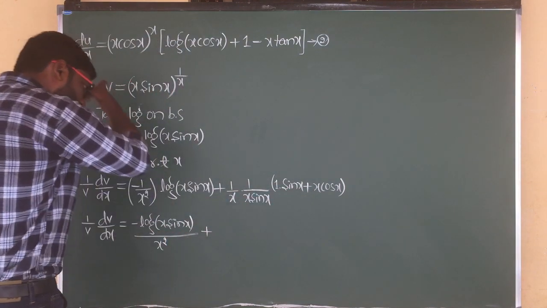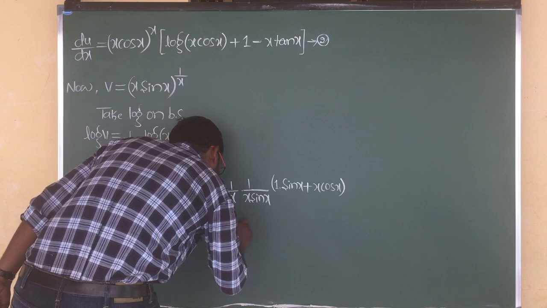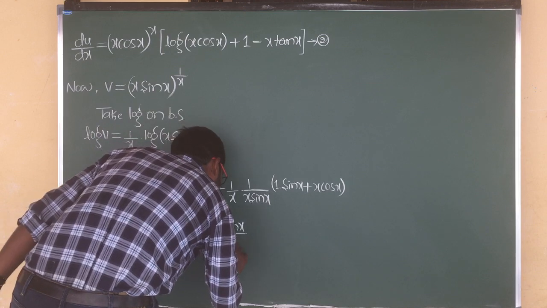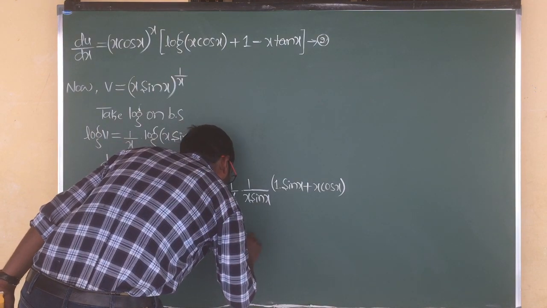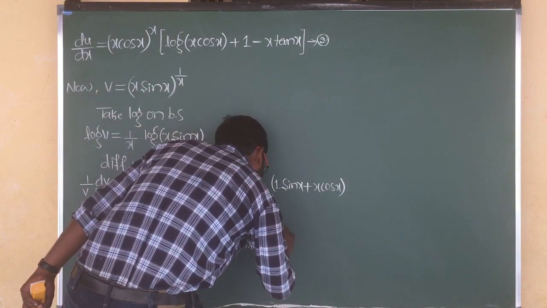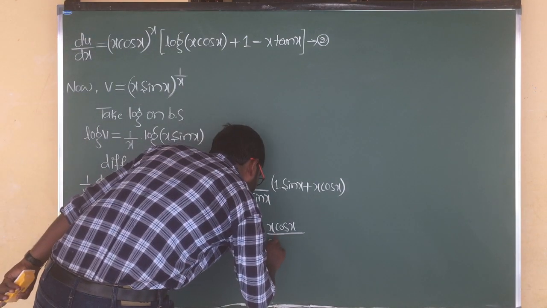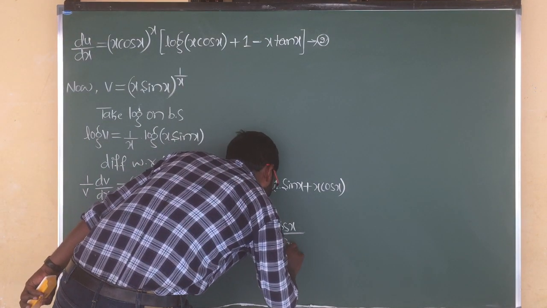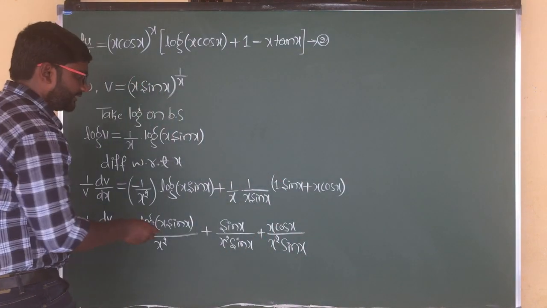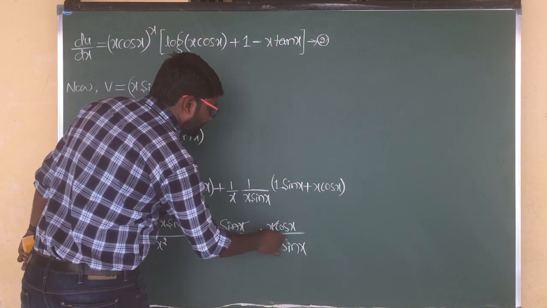So overall we get sin x divided by x square sin x plus, now x cos x divided by x square sin x sin x. So here sin x and sin x get cancelled. So here x and 1 x get cancelled.